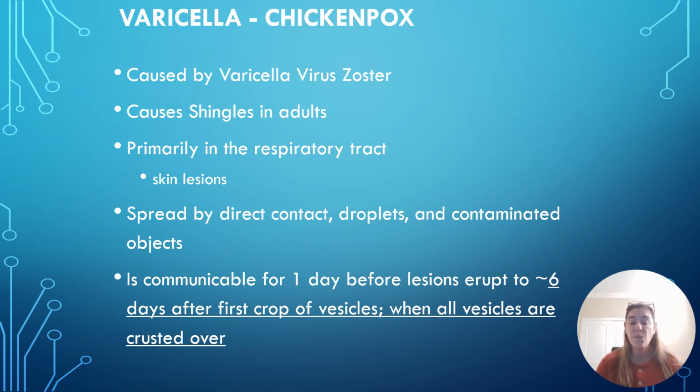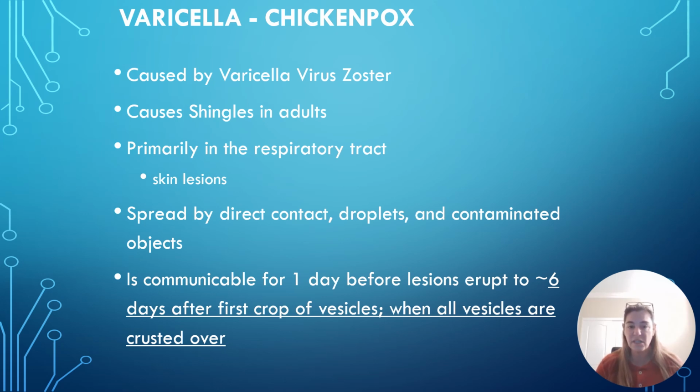So when are you infected? When can you cause the infection? One of the reasons why this infection spreads very quickly is because the person is contagious one day before lesions erupt, and about 6 days after the first crop of vesicles, and then they are contagious until all the vesicles are crusted over.